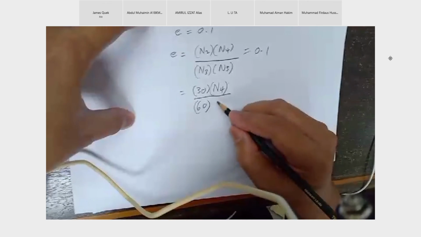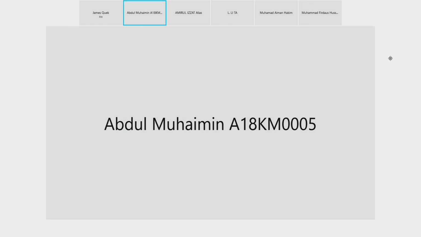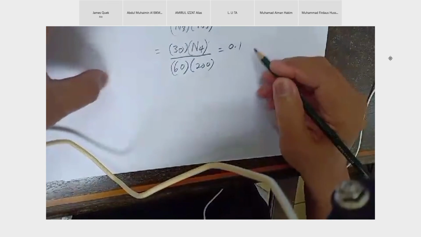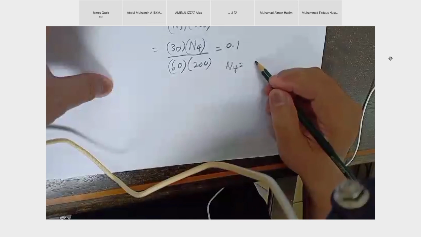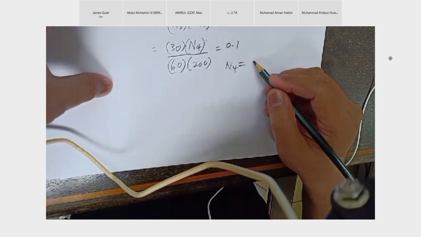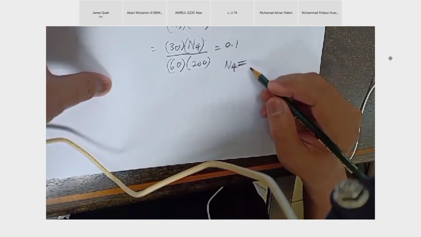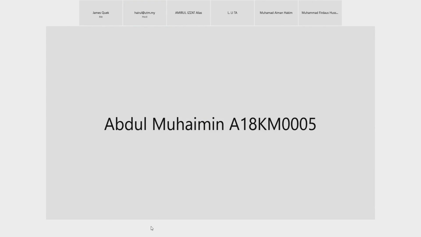N3 is 60. N5 is 200. Equal to 0.1. So what is N4? 40. This is straightforward.